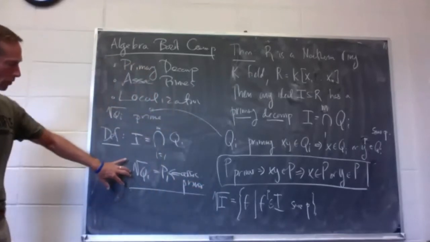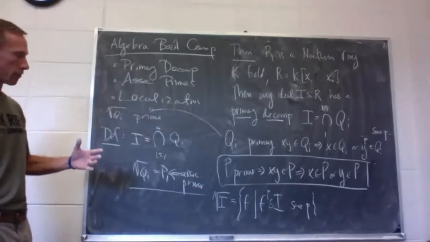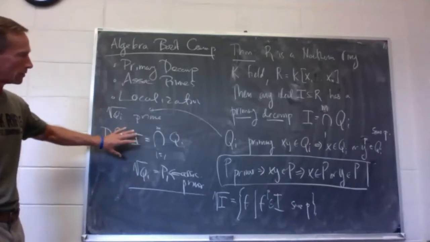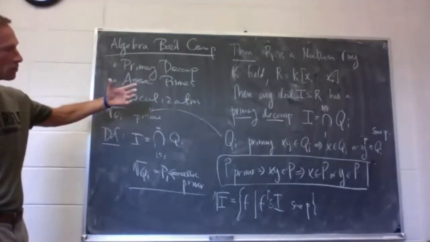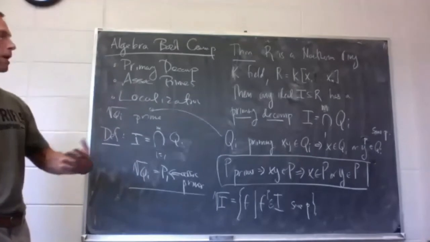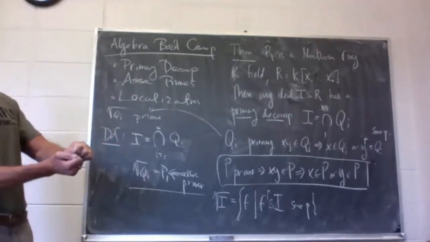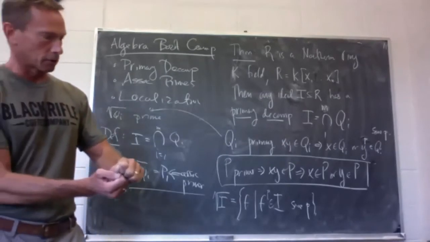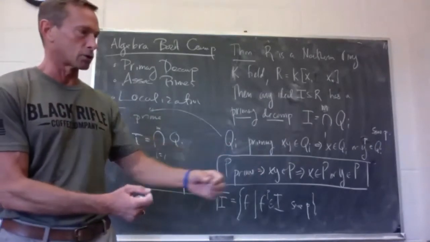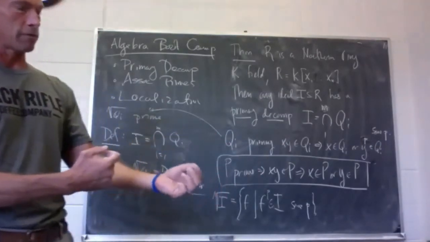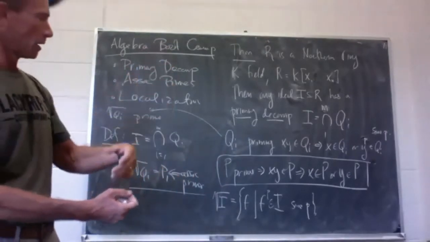So what we're going to do basically, and this is going to work for modules too. The idea when we're talking about visualizing a module is that we're going to turn the module into a sheaf. We're going to look at the stalks. Again, this is my loose analogy with a vector bundle, where over a point of the base we have a fiber.